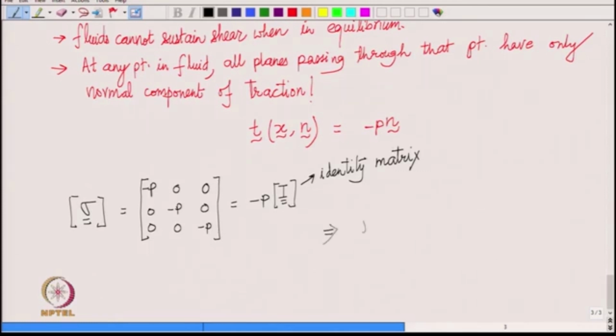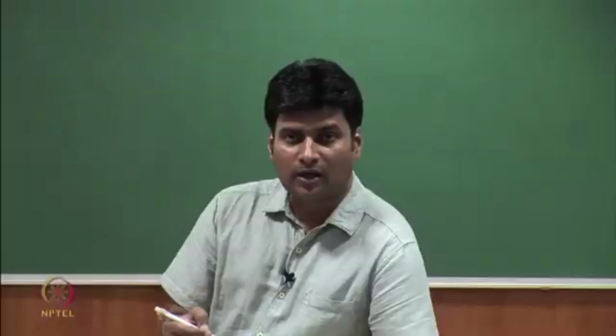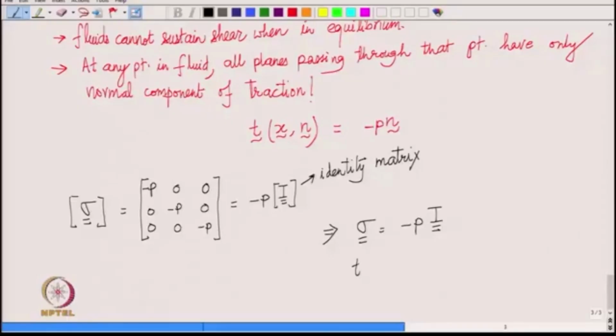Which means that the corresponding stress tensor sigma is minus P times the identity tensor, and that is why when you compute T as sigma times n, T we know is sigma times n, which is minus p into identity times n, which is simply n, right.